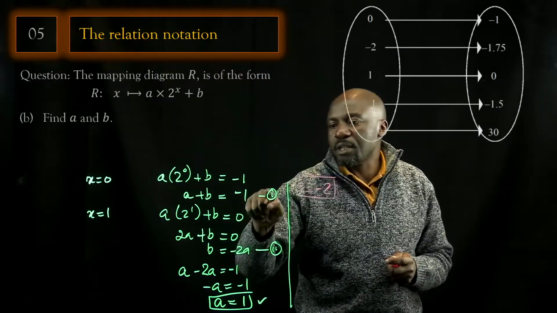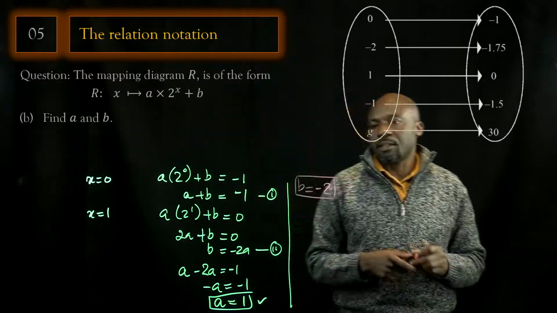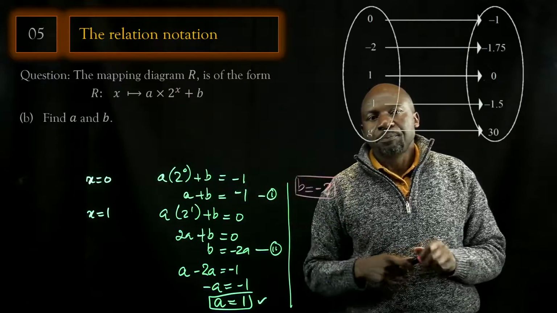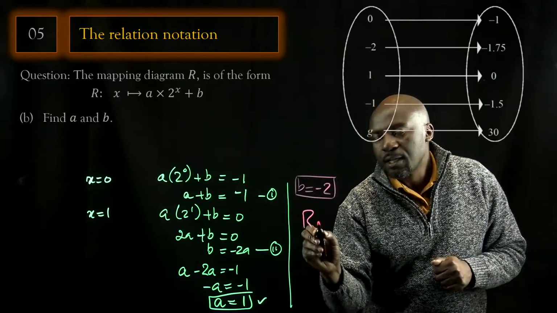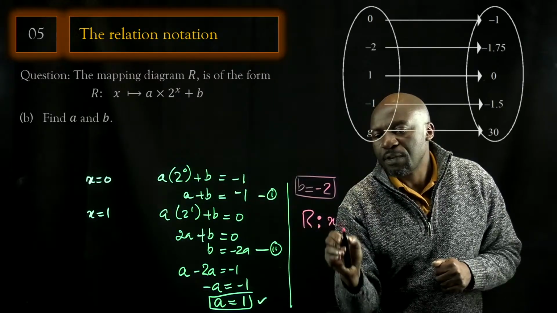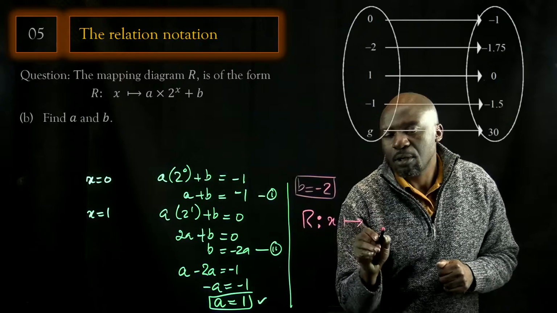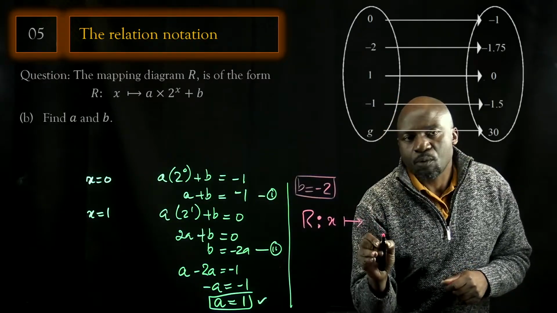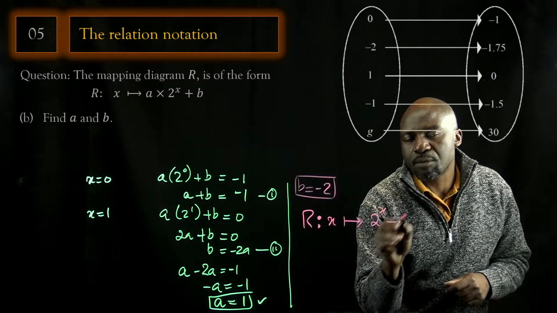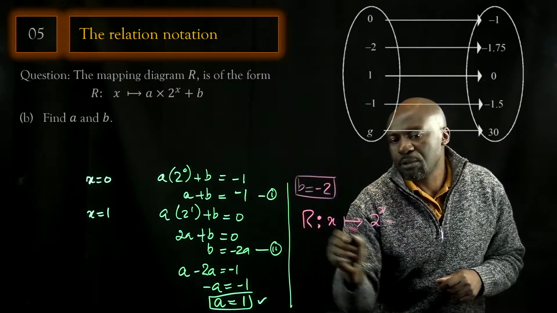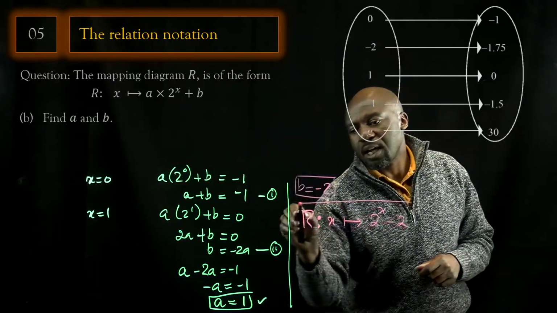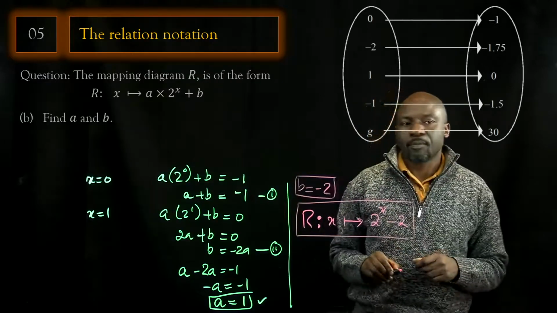So negative 1 minus 1 is negative 2. b is negative 2. That means I can simply write this now as R is such that x maps onto 2 power x plus b, a is 1 so I just ignore it, but b is negative 2, so minus 2. So that relation can actually be just expressed like this.